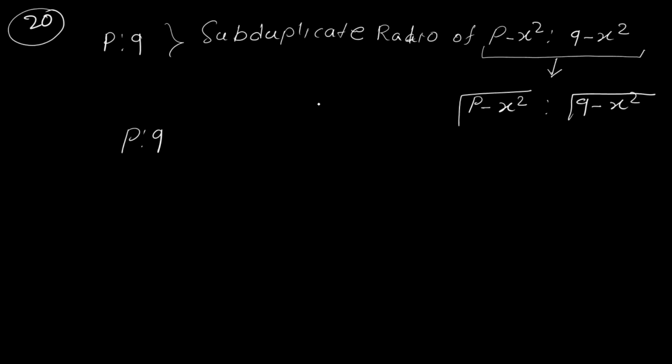So the actual subduplicate ratio we have found is root under p minus x square and root under q minus x square. So now we can equate, right? Right, sir. We can equate. So p by q equals root under p minus x square and q minus x square.